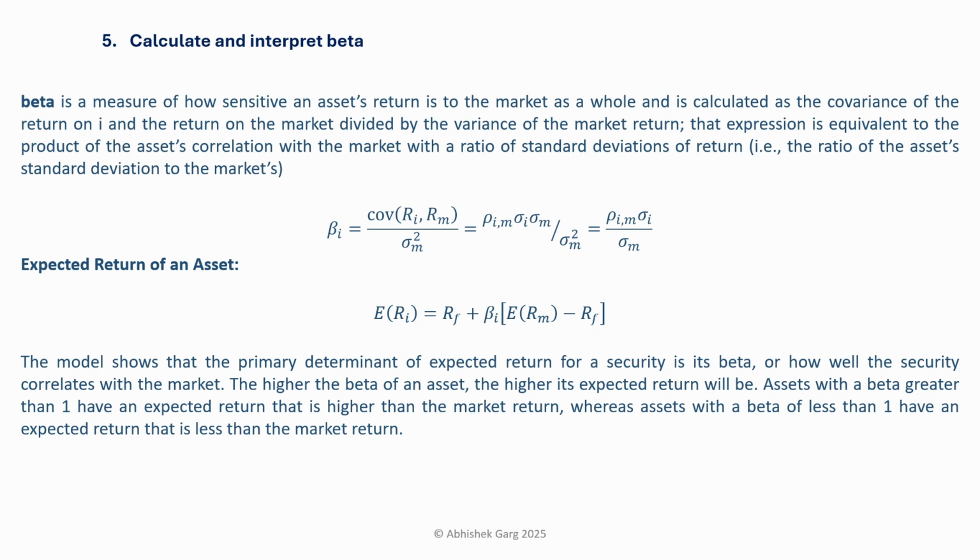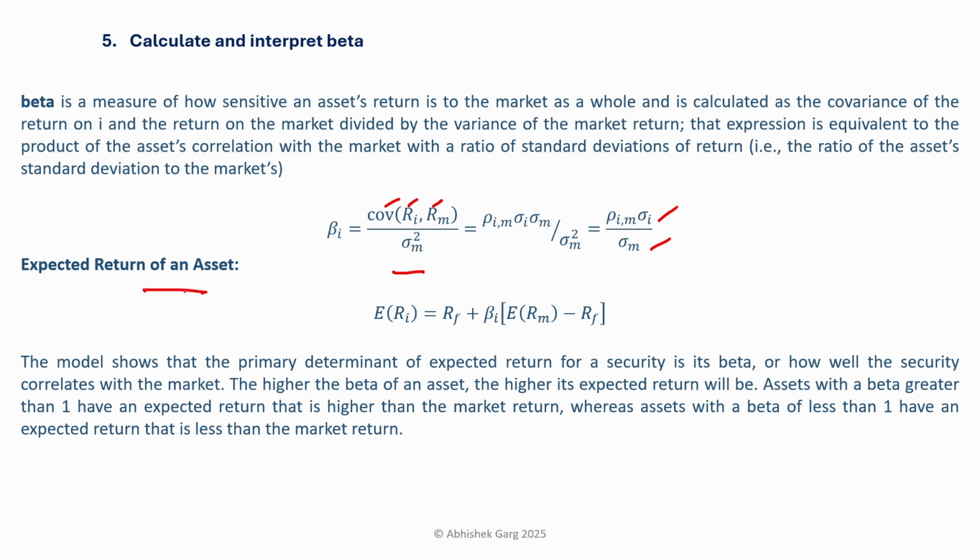It's calculated as the covariance of the return on asset i with the market return, divided by the variance of the market return. And this is equivalent to writing it as the correlation times the standard deviation of asset i divided by the standard deviation of market return.